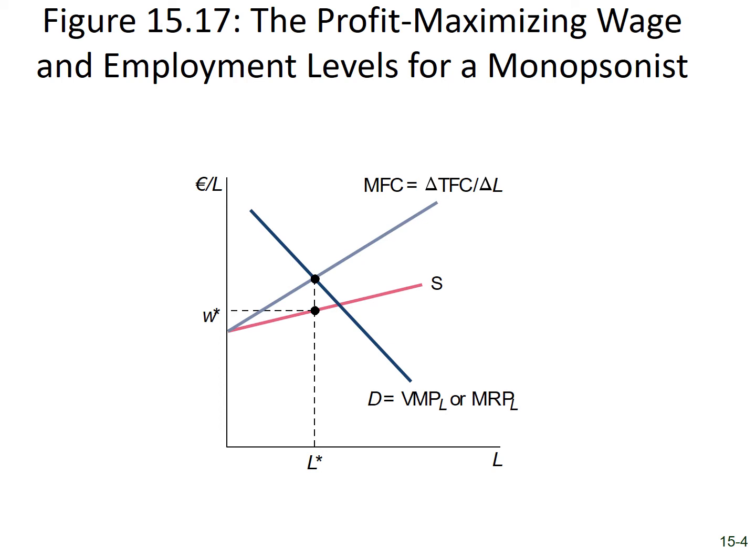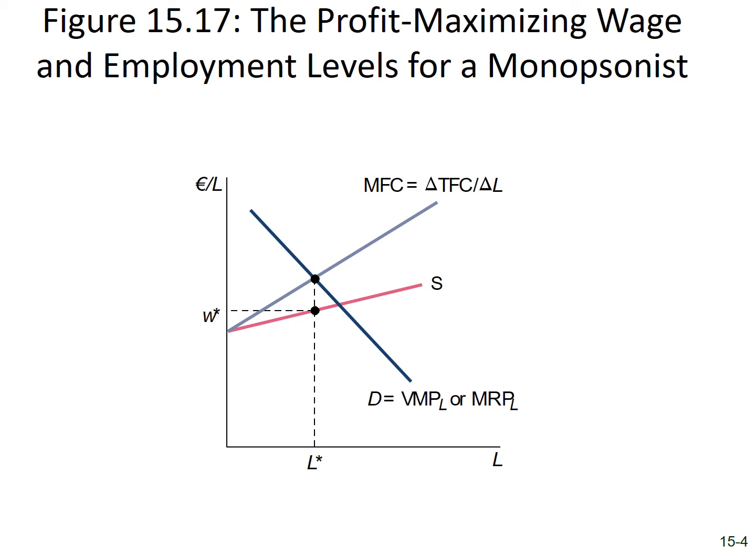The firm's demand for labor is the dark blue downward sloping curve. It corresponds to the marginal revenue product of labor if the firm is in imperfect competition in its product market, or to the value of marginal product of labor if the firm is in perfect competition in its product market.